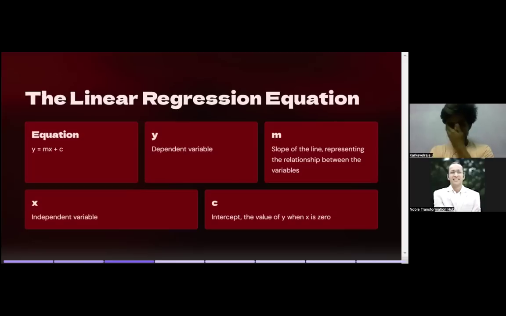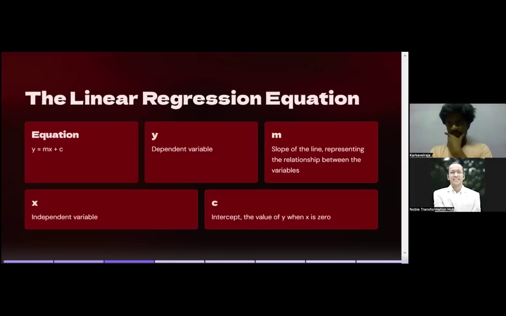So let's understand the linear regression equation. The equation is y equal to mx plus c. Breaking down the equation, y is the dependent variable, and m is the slope of the line.